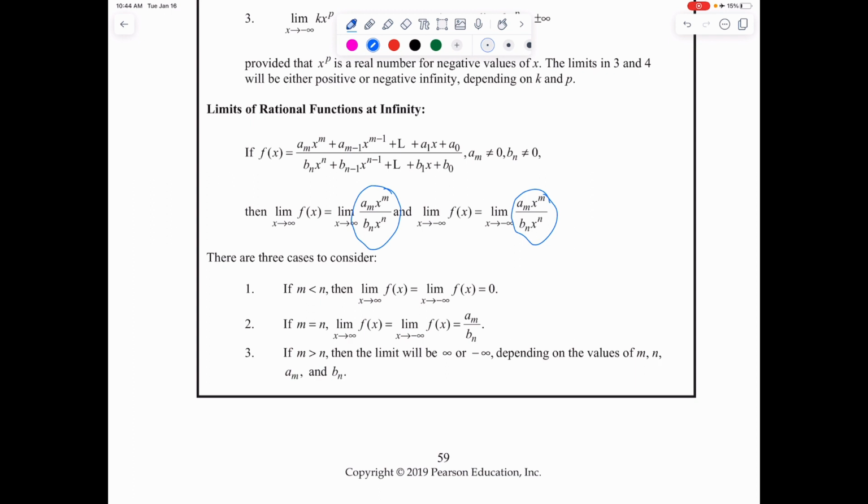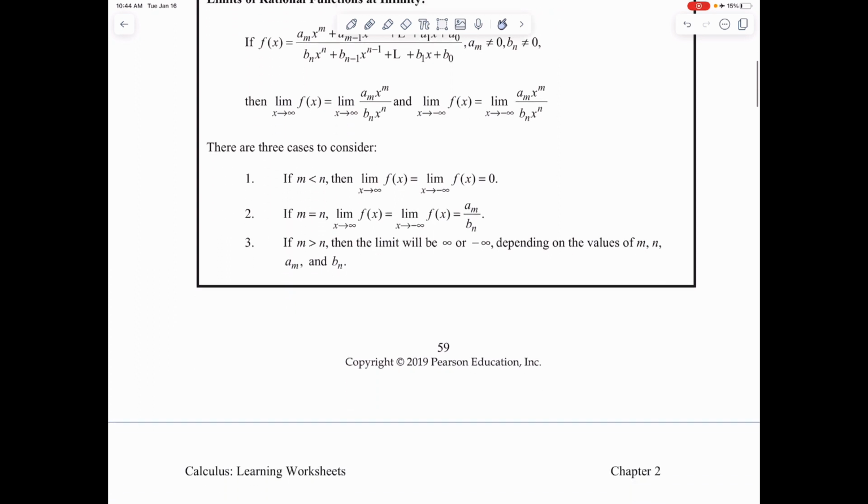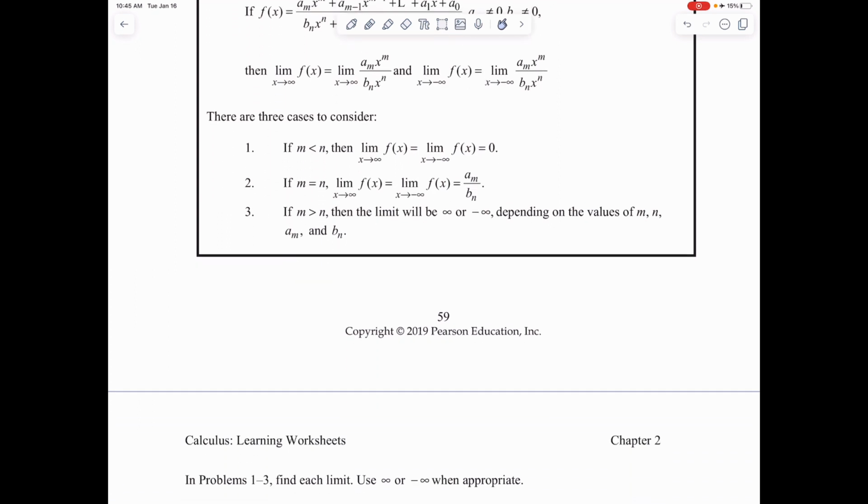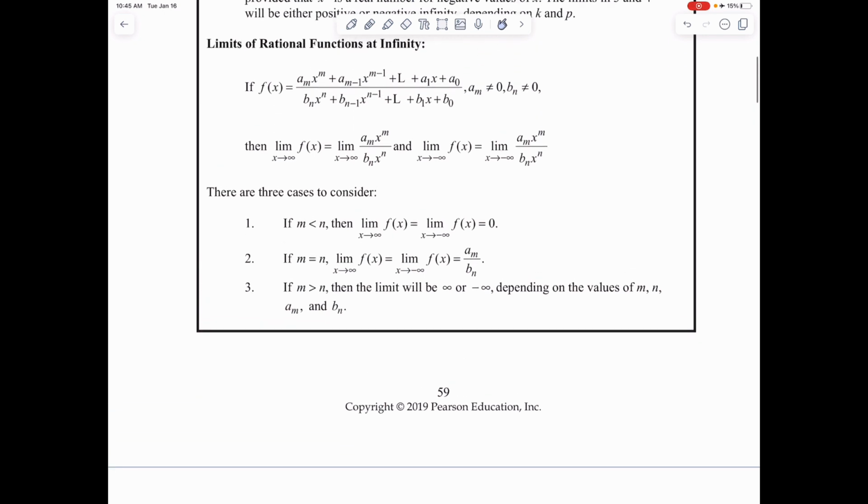So that's a really nice definition, a nice property to use, so that we can figure out a way to find that limit. There are 3 cases to consider. If m is less than n, keep in mind we have our polynomial divided by another polynomial, and m and n are our exponents.